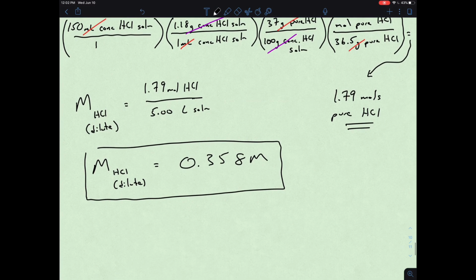So the second example here would be to calculate the molality of the solution above.